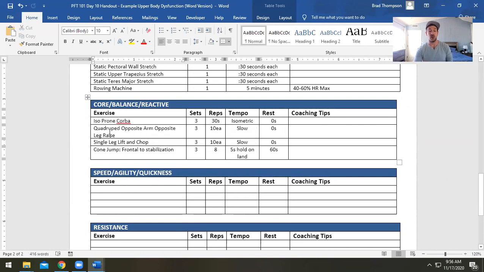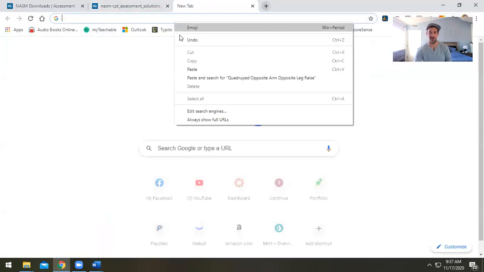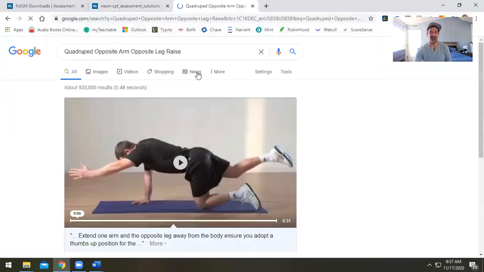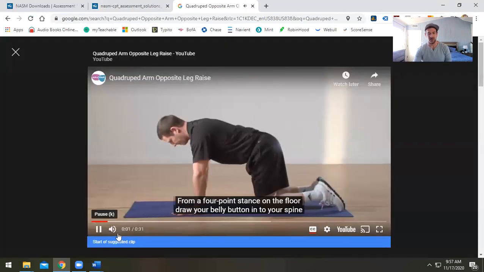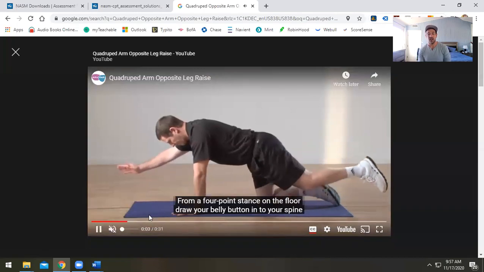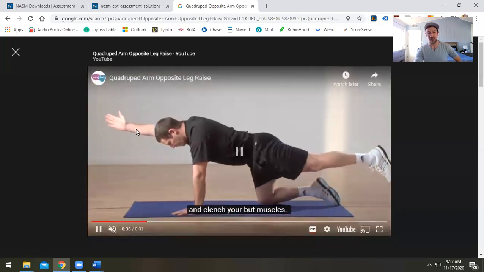Then we're also going to do the quadruped opposite arm, opposite leg raise, way more commonly referred to as the bird dog, which is a much better name for it. But 4-point stance on. You can see you're going to go here. I always love to tell my clients, you see people always demo with their arm externally rotated, but I love to get a little external rotation there.